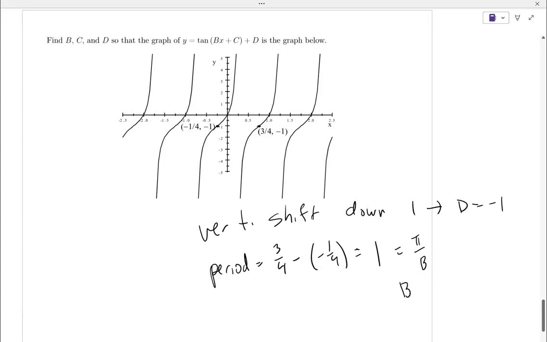It should just be pi. Good. So we do the 3/4 minus 1/4. That should be consecutive middle points, right? The middle point on that branch of the tangent function, the middle point of the very next one to the right. So that should be representing one period. Do the right minus the left there. Then you get 1. So your pi over b is 1, and your b is pi.